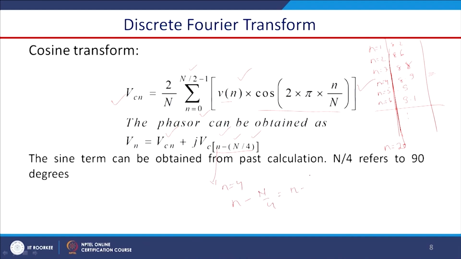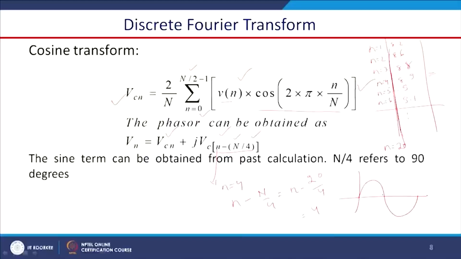Small n minus 20 divided by 4, that is 5, since I have 20 samples. So, I have to move before the fifth point, back by 5 points. N by 4 means the fifth point, here it is.